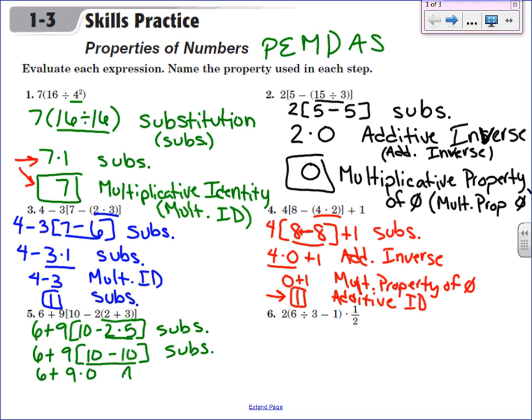And that's the additive inverse property. And then 9 times 0 is 0 by the multiplicative property of 0. And then 6 plus 0 is 6, and that's the additive identity, because I got the number back after I added.